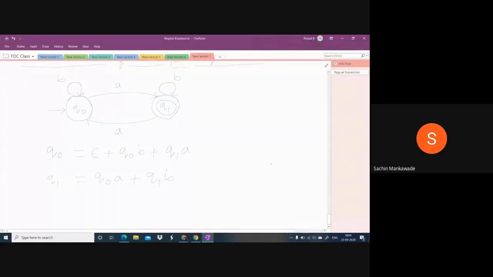Okay. Now, in these two equations, which state is having only two terms on the right side? Here, look at this. Here it is having 1 plus 2, whereas this is having 1 plus 2 plus 3.